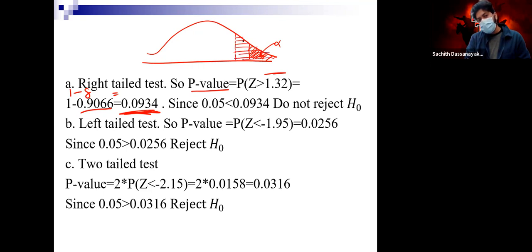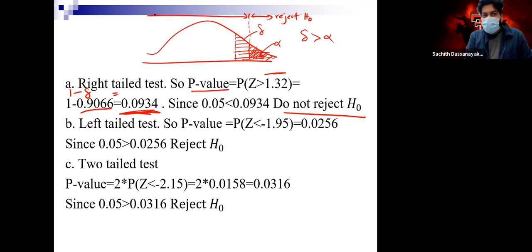See, delta is greater than alpha. It goes beyond the rejection region, right? So at that point, what do we do? We do not reject, because if you remember that slide I showed you, whatever falls here we reject H0, whatever falls here we do not reject.